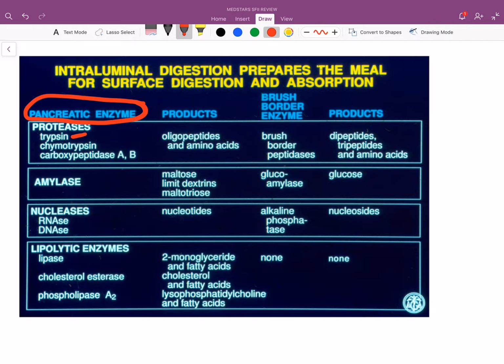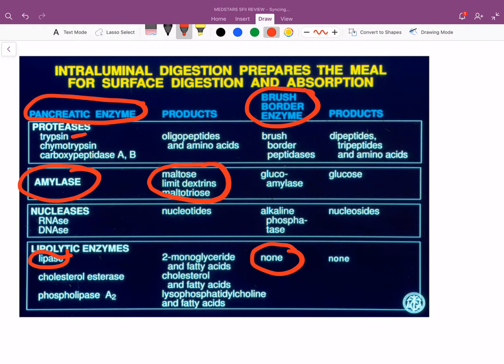And like I said, amylase is going to do your sugars, carbohydrates. Lipase is obviously going to do your fats. The takeaway message from this slide is that the brush border enzymes do not include any lipases.